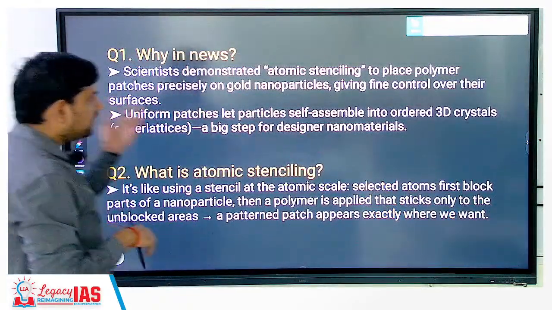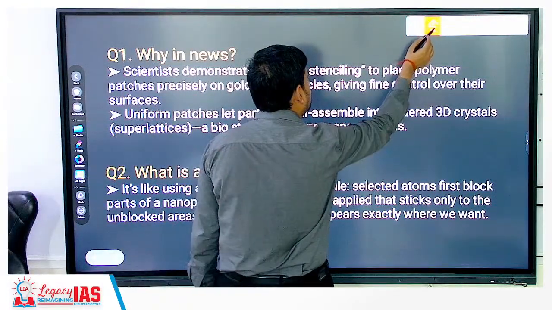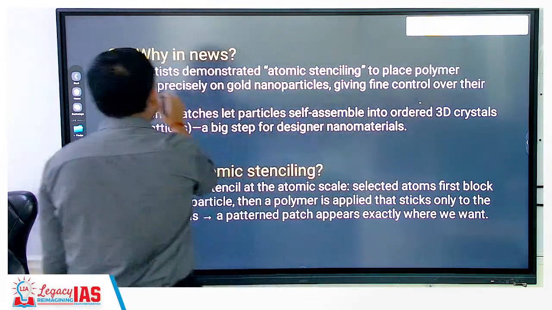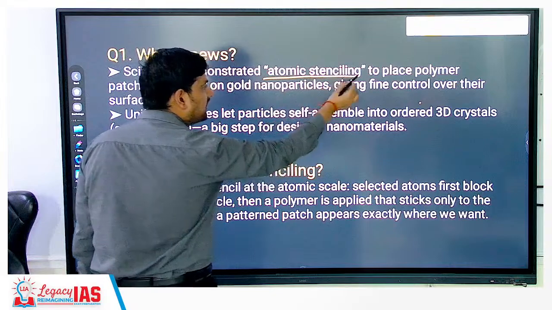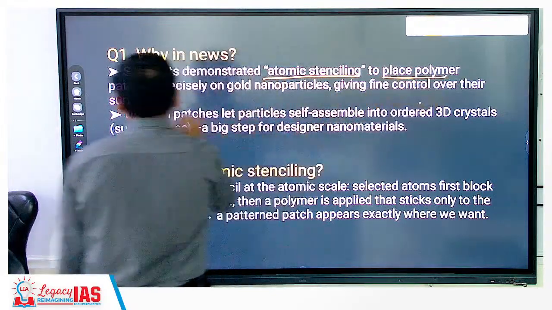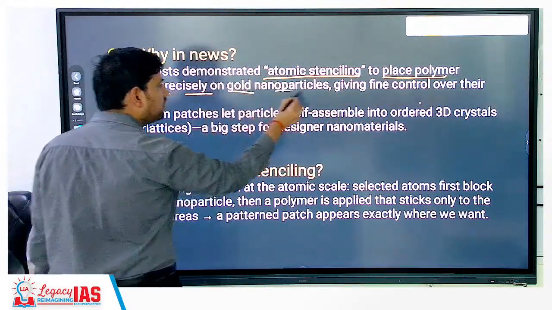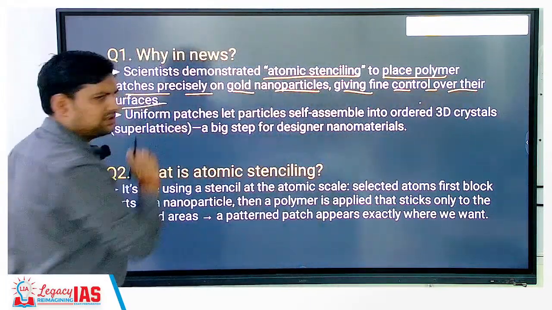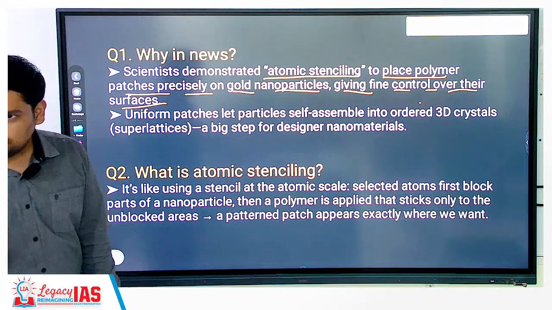So see what they have demonstrated. Scientists demonstrated atomic stenciling to place polymer patches precisely on gold nanoparticles, giving fine control over their surfaces. Correct? This we only understood.